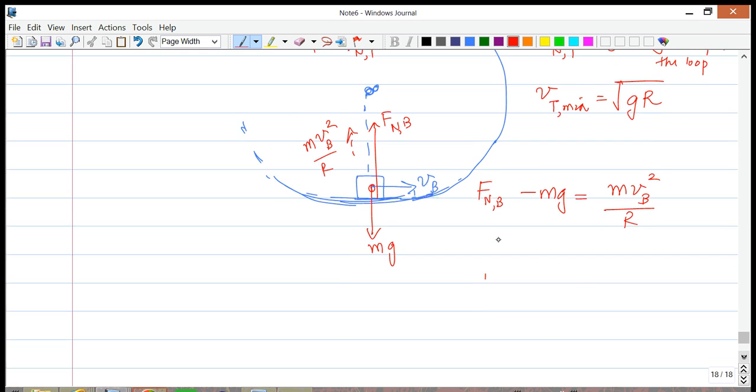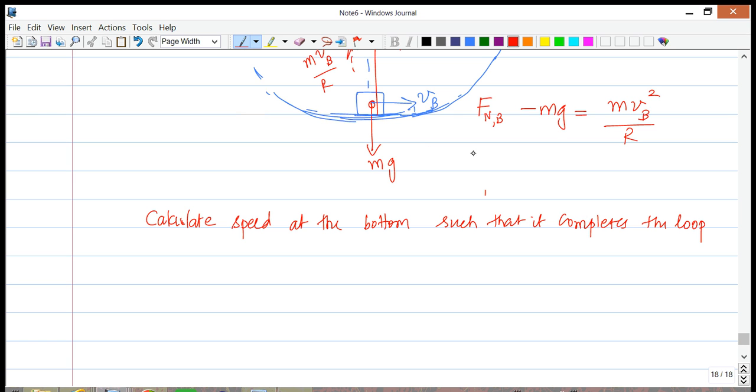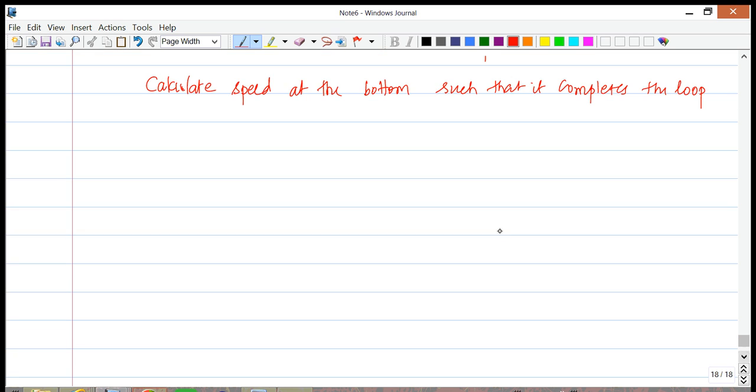So let's calculate the speed at the bottom such that it completes the loop. In order to do that, we're going to go back to using energy ideas.